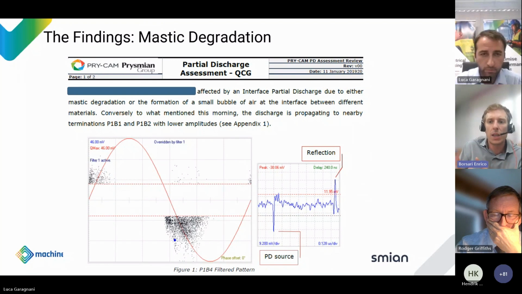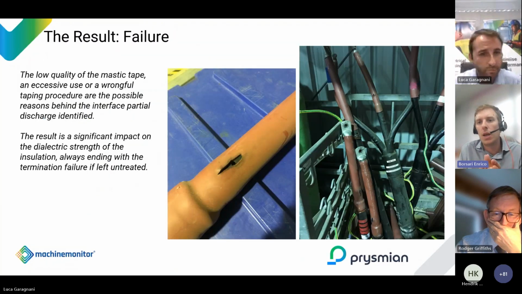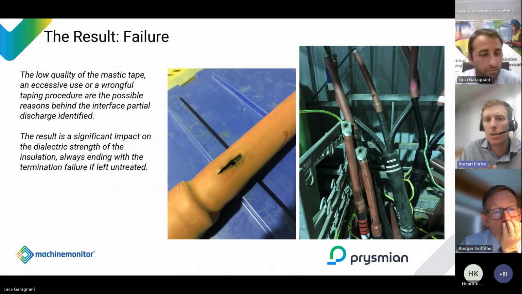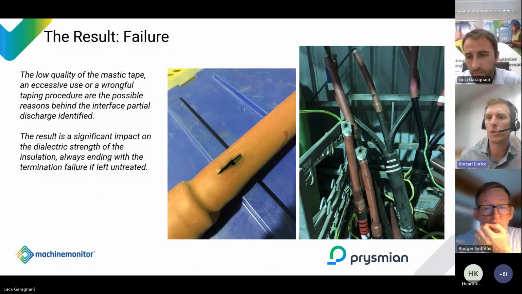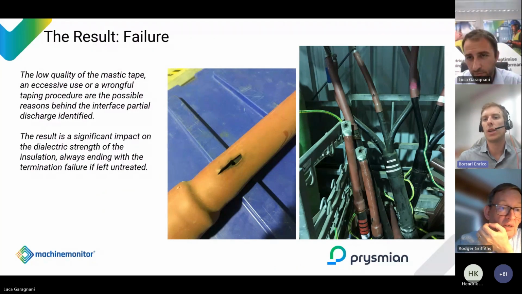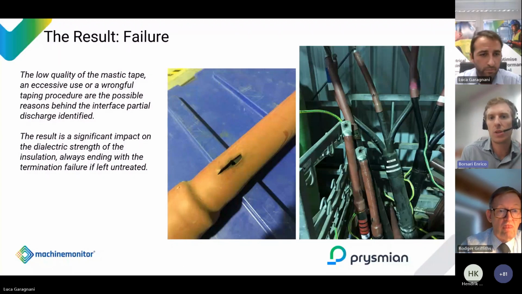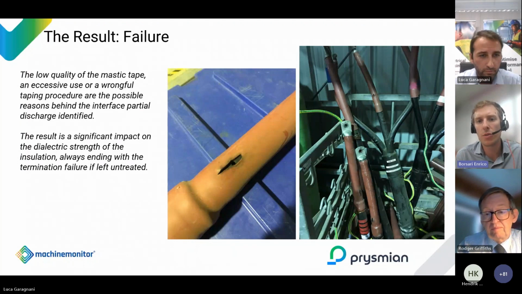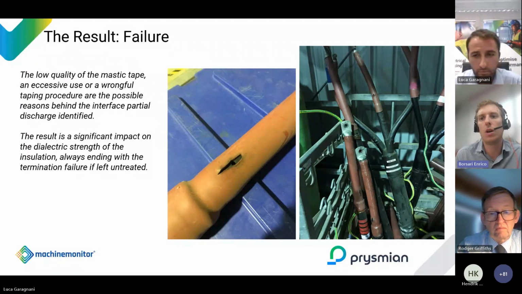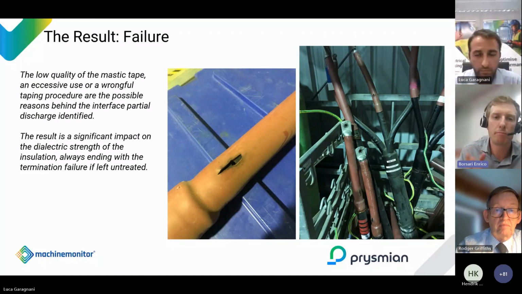If Luca, you can go to the next slide. A mastic degradation ends all the time with a failure. As Luca was mentioning, a PD will always grow stronger and more energetic. It will not reverse. So mastic degradation creates these sort of issues. Wrong installation can create this issue.